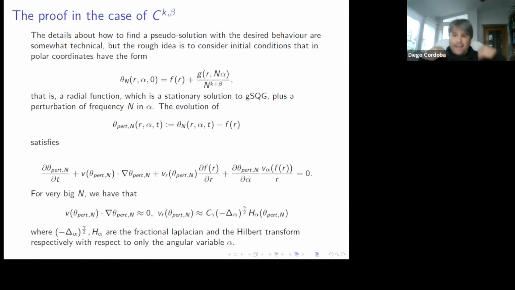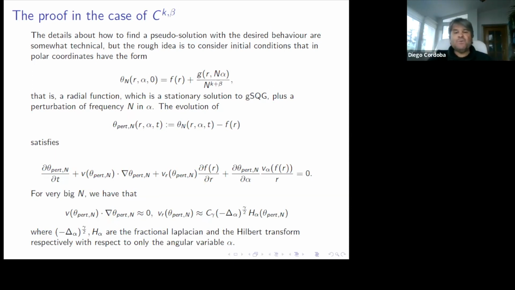Then you cook it out and you do the same strategy. You show that these are pseudo solutions, and once you have a pseudo solution with the growth you want, you add infinite of these blocks, and you have a solution that loses regularity instantly.